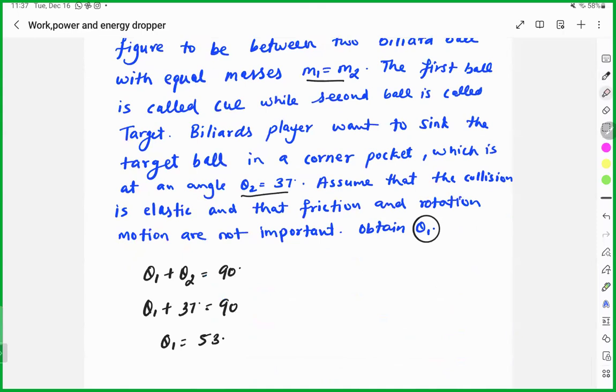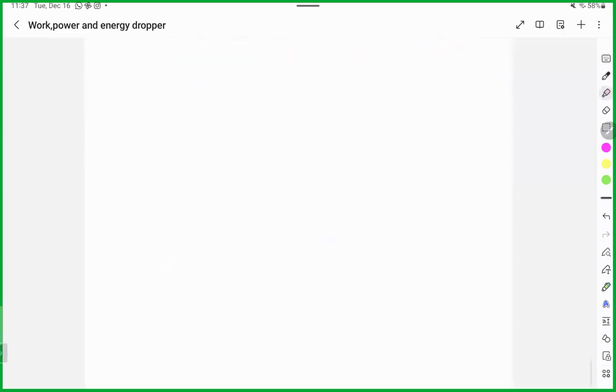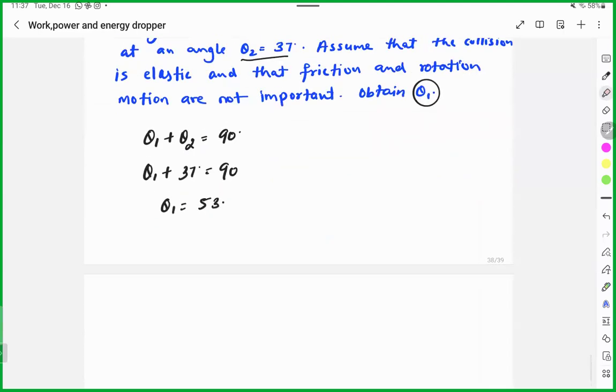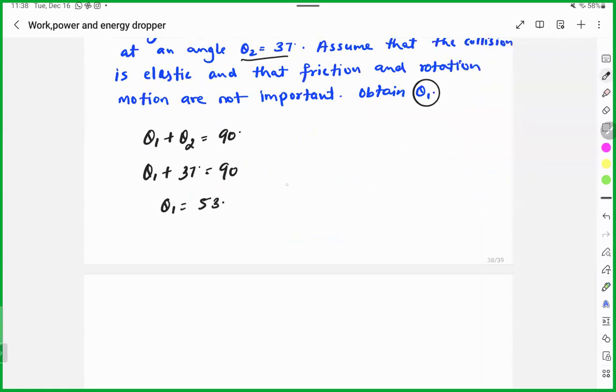By the way, I didn't draw the diagram. I will draw the diagram also. That's why it became easy. The diagram was like this: you have a body with mass m, call it a, moving with speed u1 equal to 0.5 meter per second. It hits body b, whose mass is again m, but its initial velocity is 0.